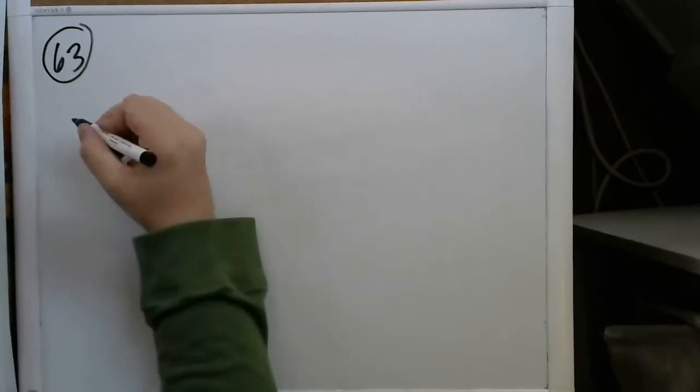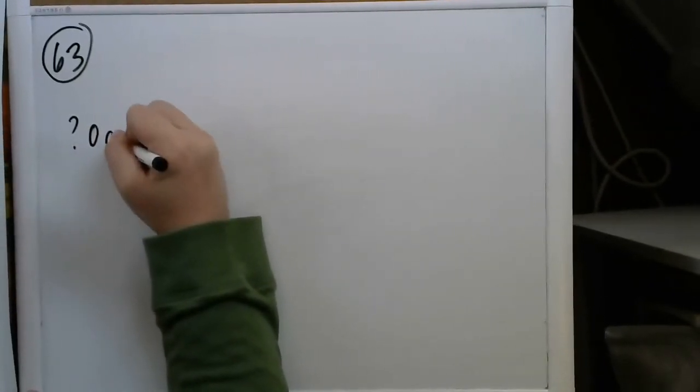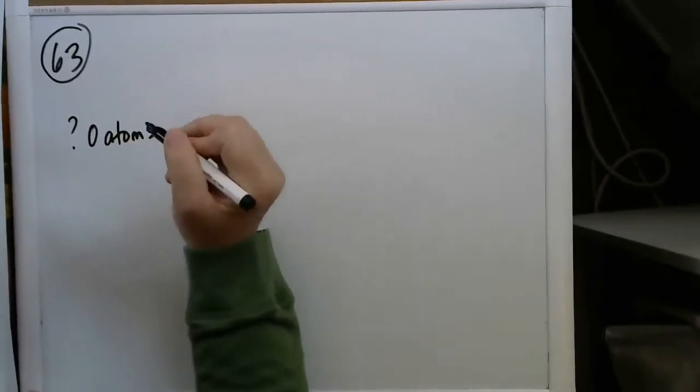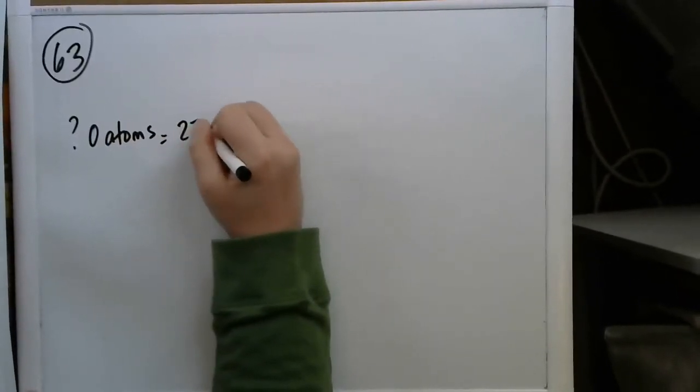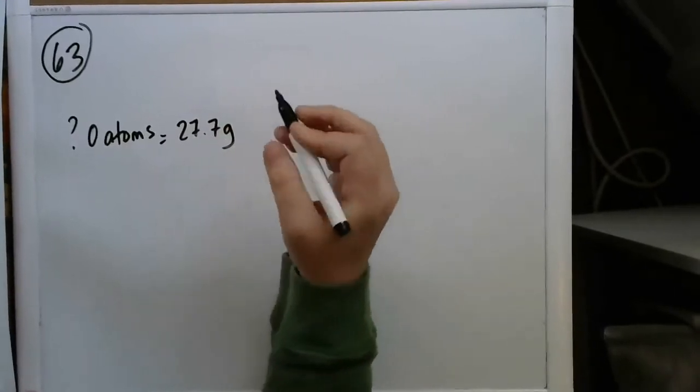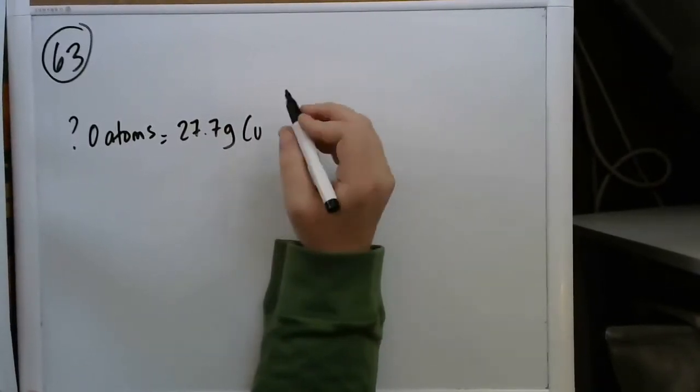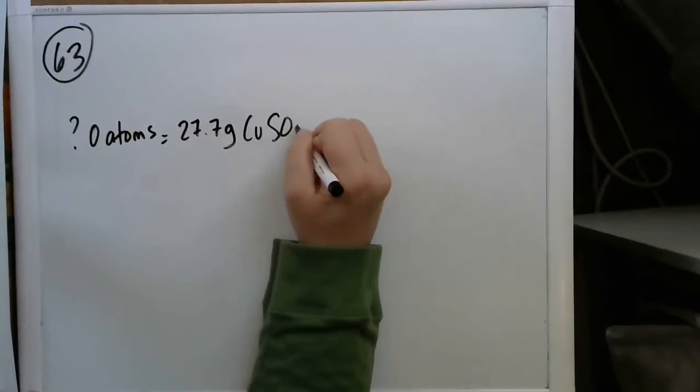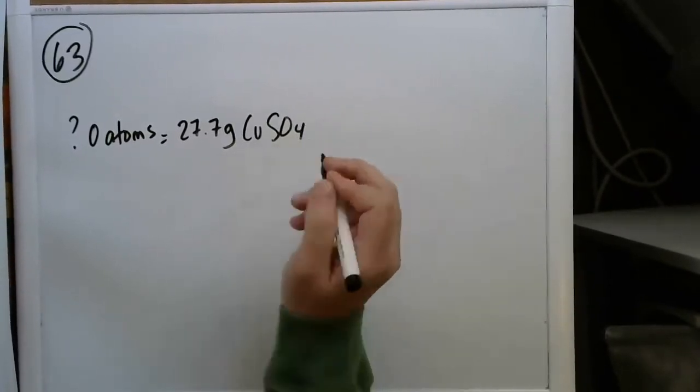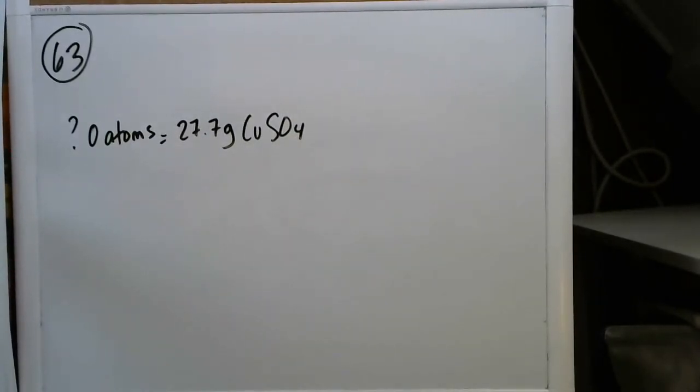The number of atoms of oxygen. So how many oxygen atoms are in 27.7 grams of copper sulfate? So a lot like the other one. So hopefully this makes a lot more sense this time around.